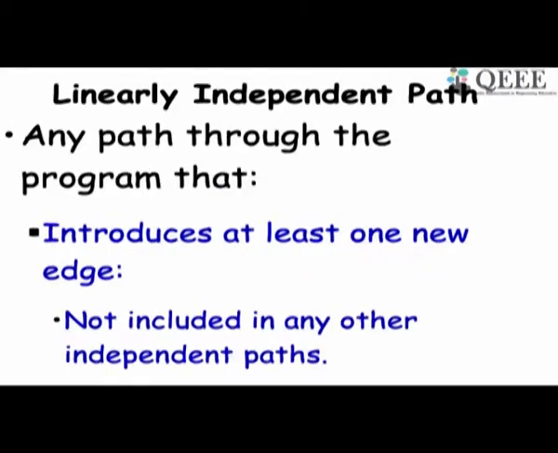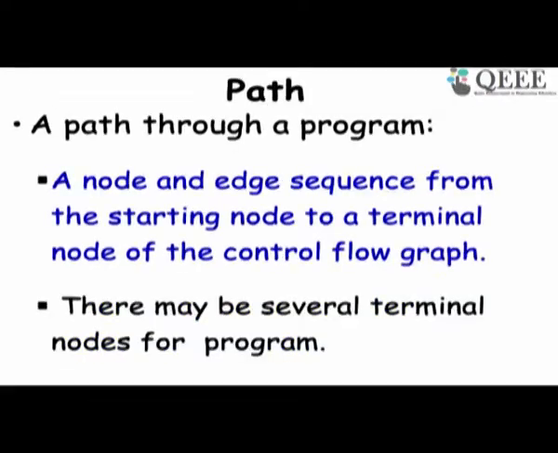But the problem here is that in the presence of loops, we can get infinitely many paths. Whether we traverse the loop once, twice, n times or infinite times, we can get infinitely many paths.